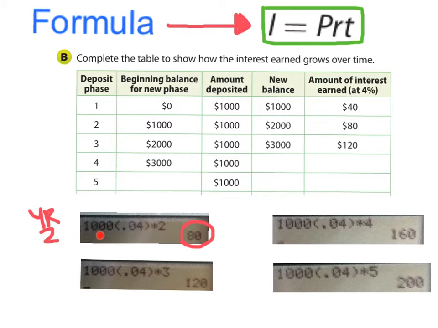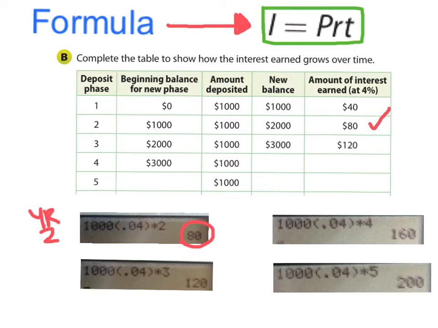So here I've typed it in my calculator. The original amount, $1,000, times the interest rate as a decimal, 0.04, times, now I'm in the second year, 2, I get the interest for that year, which was 80.